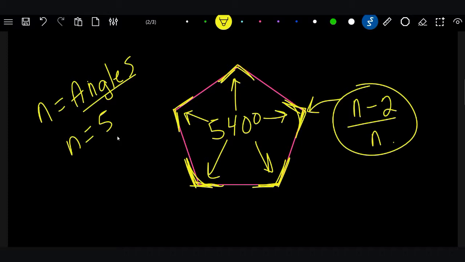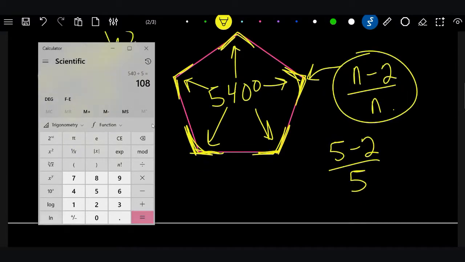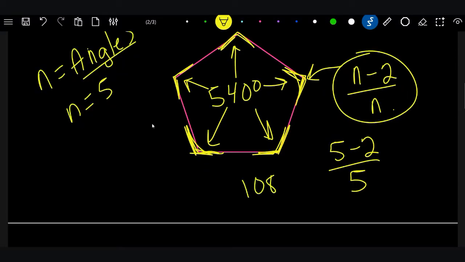So again, n is 5, so 5 minus 2 over 5. Then we'll go back over to our calculator, and we'll just divide that by 5. Divided by 5 equals 108. So each one of these angles is 108 degrees, every one of them.